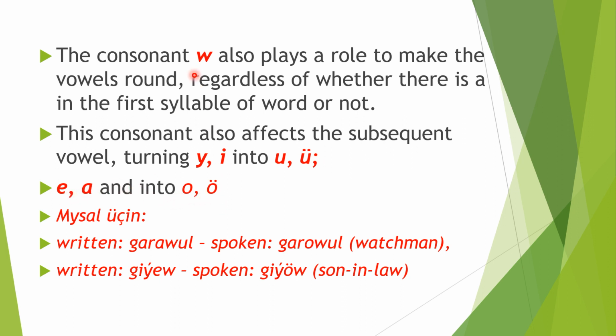This consonant also affects the subsequent vowel, turning e into ü, a into o. So what does it mean? If we have v in the word, and e or a before or after v, it doesn't matter, the e turns to ü.